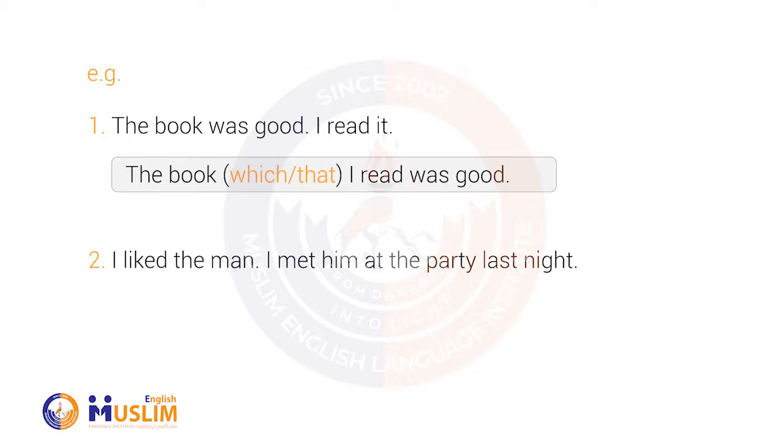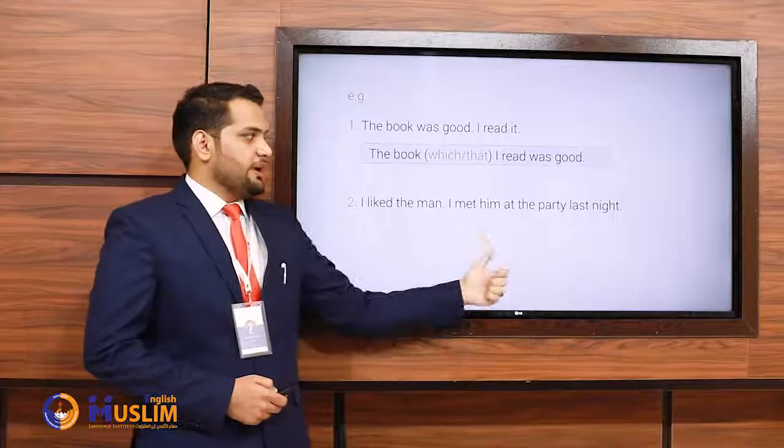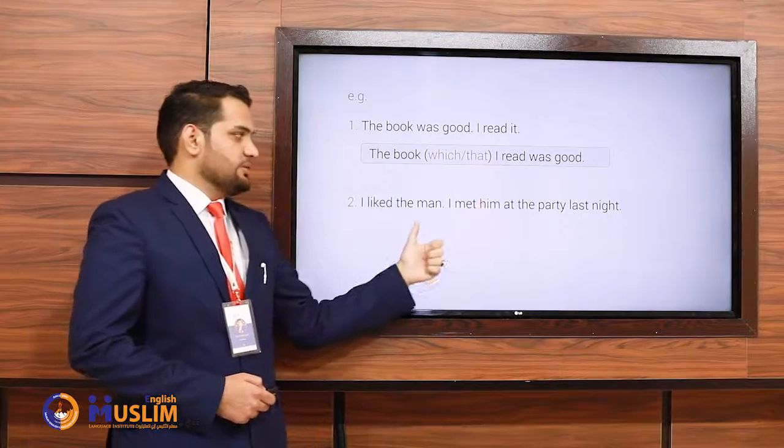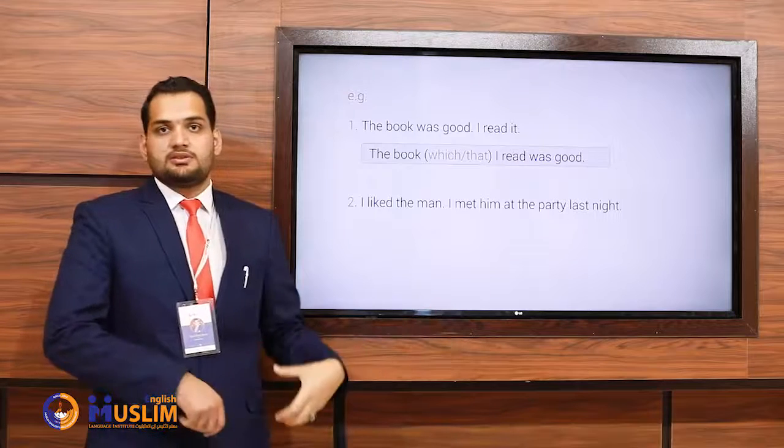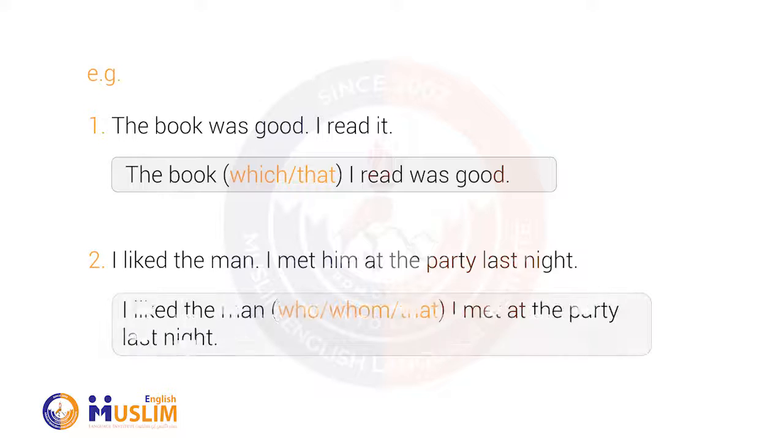Number two, I liked the man, I met him at the party last night. You have to remove him because it's talking about the man, and you have to use a relative pronoun that talks about a person. So you can say, I liked the man. Remember, in this case, you can use three relative pronouns.